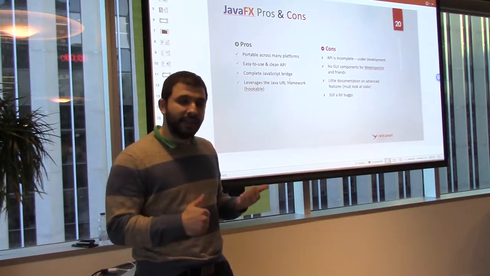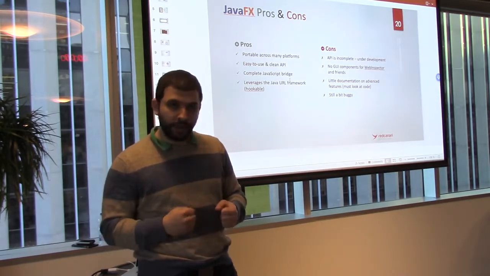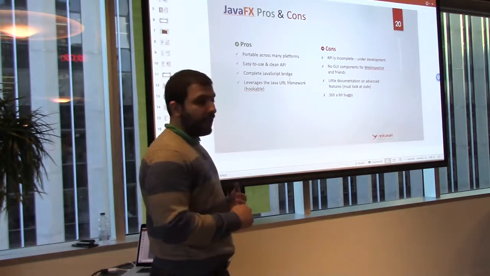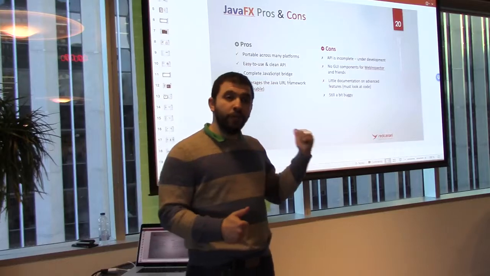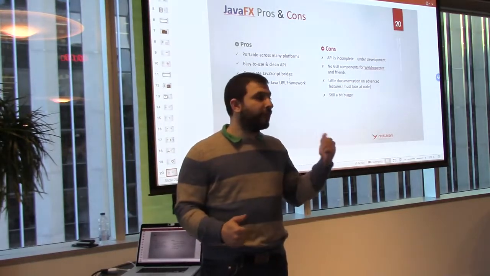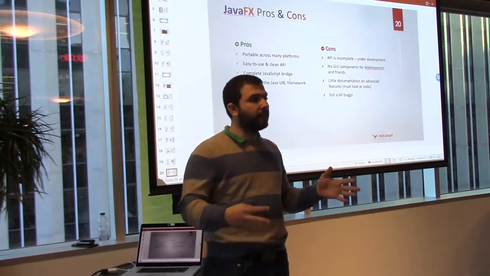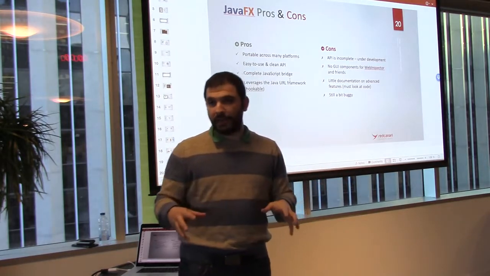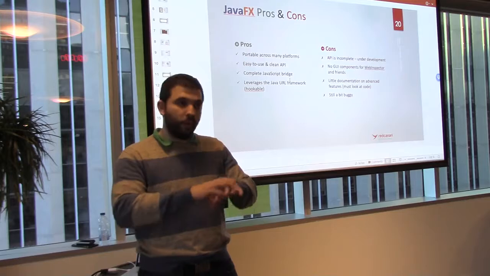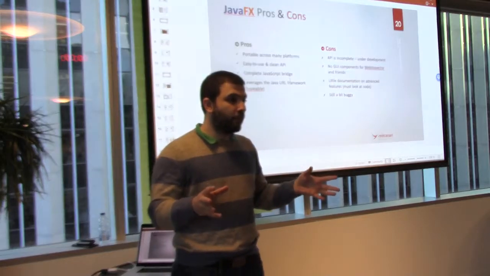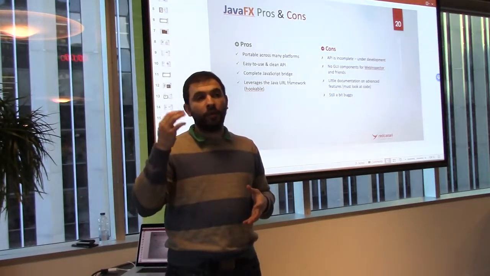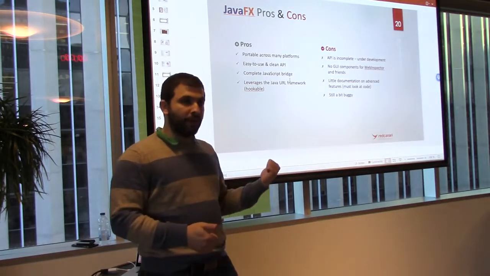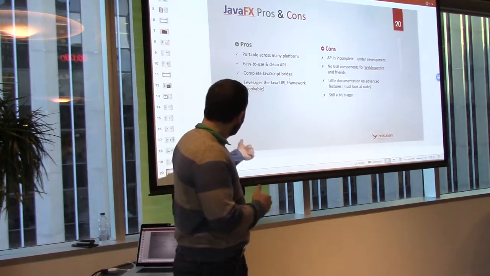Whereas JxBrowser, it's not going to give you such a clean API, but it's going to give you more power. It has a complete JavaScript bridge. And what I mean by that is that you can actually use this bridge to inject Java objects directly into the JavaScript DOM, which means that you can extend the functionality of WebKit within your implementation of it. So let's say you wanted to add a function that calls a scanner remotely, you can do that with a JavaScript bridge.